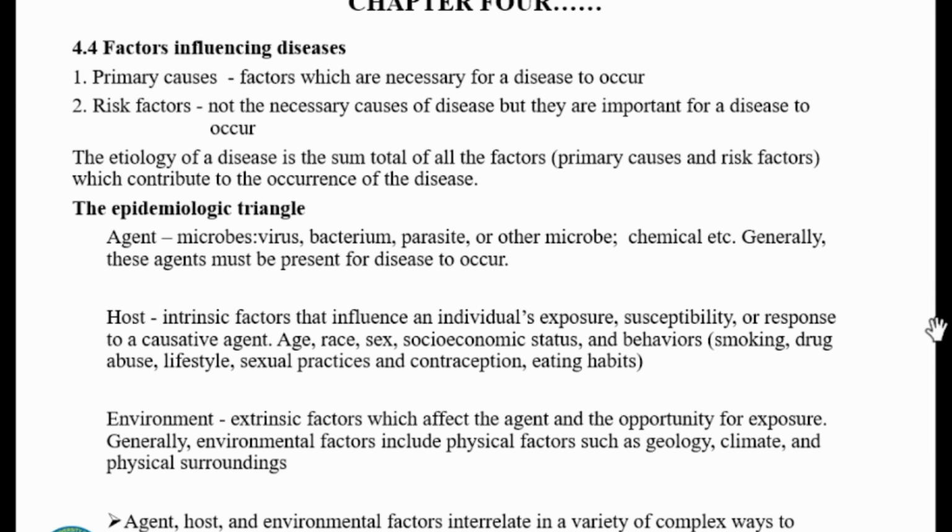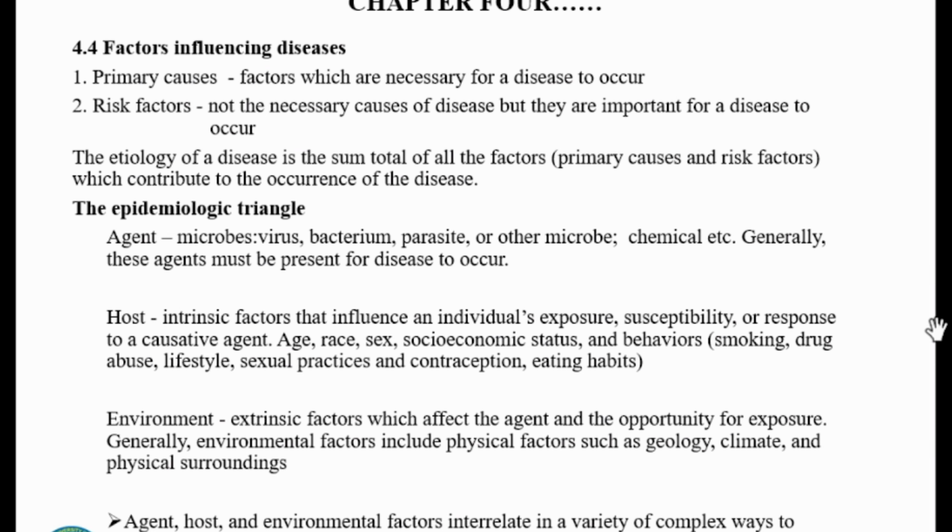The etiology of disease is the sum total of all the factors, the primary causes and risk factors, which contribute to the occurrence of the disease. That's why I was giving you the example of malaria. For example, malaria is caused by Plasmodium. But in order for Plasmodium to be present in the mosquito, you need to have favorable conditions for the mosquito to breed, to be contaminated with the Plasmodium, and then to be able to cause malaria.